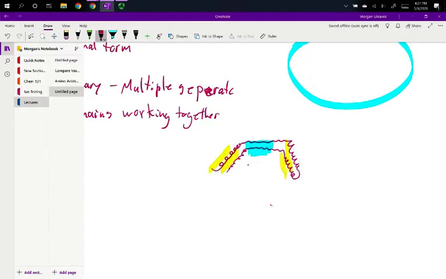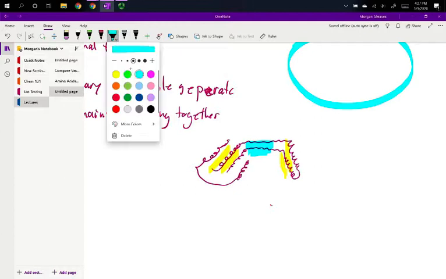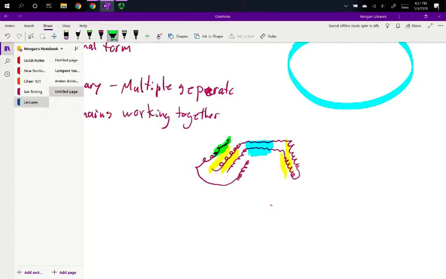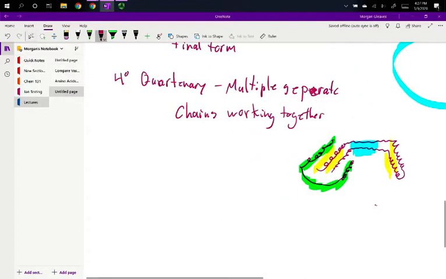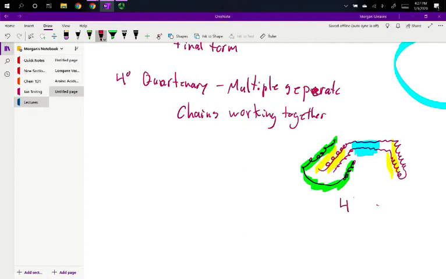If I had a second one that wrapped around the edges here, so I had a whole new protein, an unattached chain that happened to interact with the first one. Now I have 2 different proteins, 2 different amino acid chains that are sticking to each other, but they are separate chains. This is a quaternary structure. This would be our 4th degree.